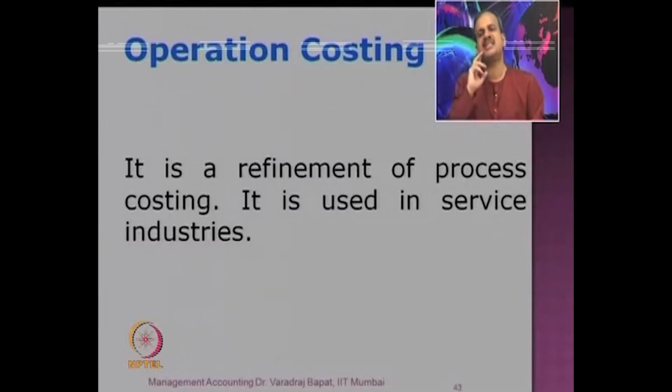Can you name some industries where it's a large scale identical services? Say railways. So railways, all the passengers are being carried and they are being provided same type of service. There may be classes, like you may have a sleeper class, third AC, second AC, first AC and so on. But within the sleeper class, all the customers are same. That is why there is no need to make a separate calculation for each customer.